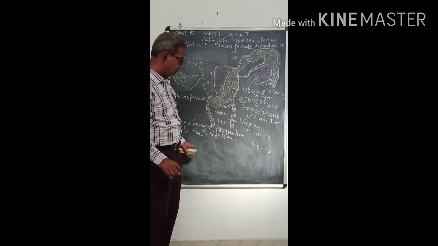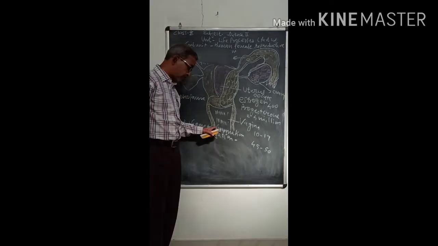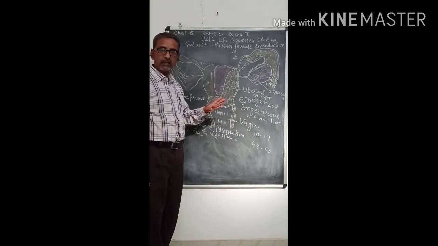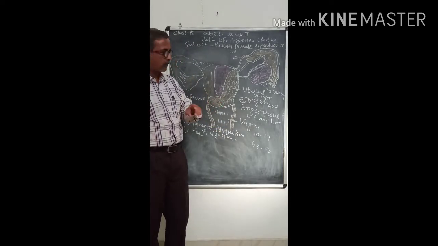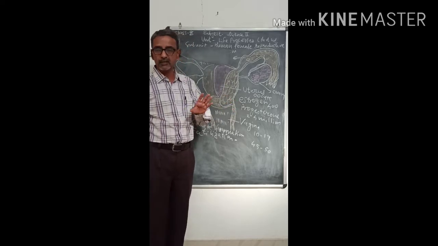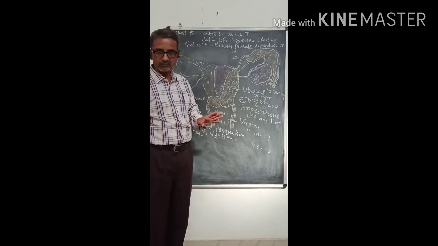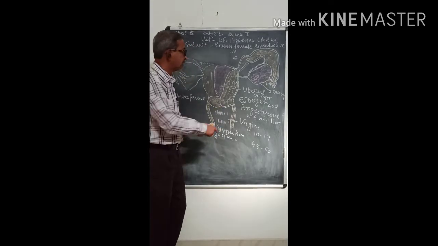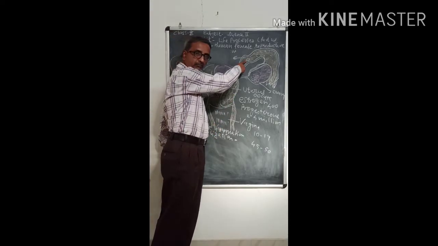So for fertilization, the sperm or male gametes should enter the vagina. Fertilization in human beings is internal, not external. The egg cells are here.